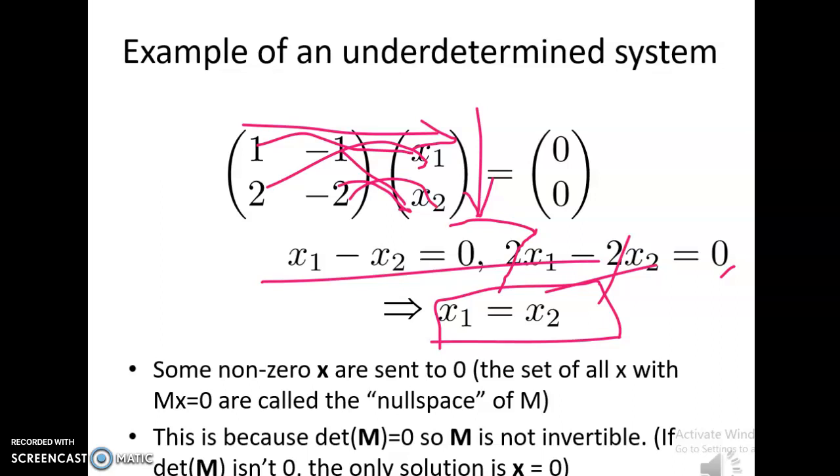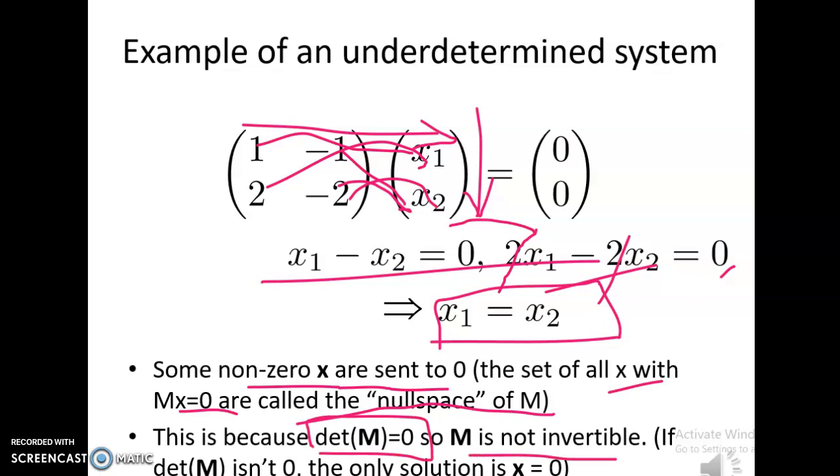Some non-zero x are sent to 0. The set of all x with Mx equal to 0 is called the null space of M. This is because the determinant of M equal to 0, so M is not invertible.